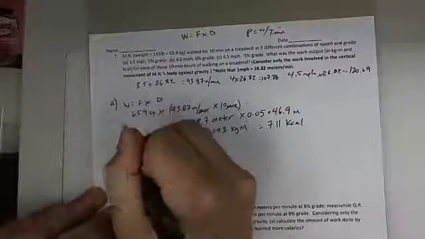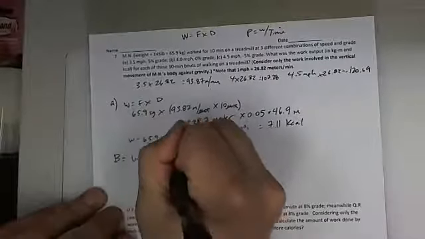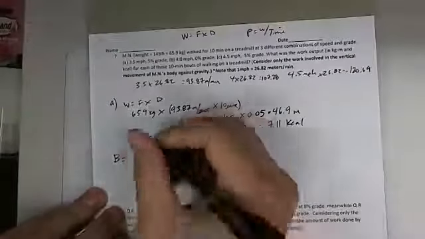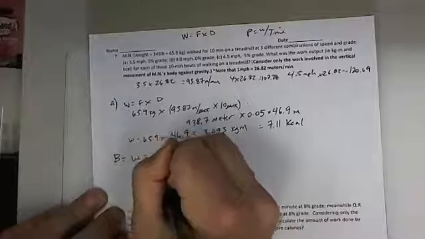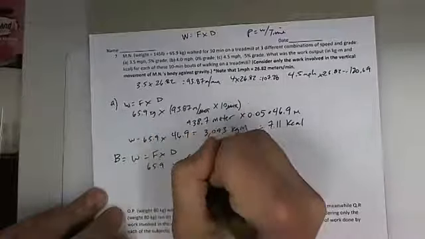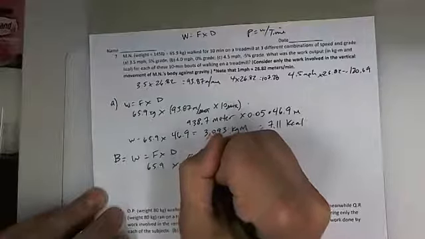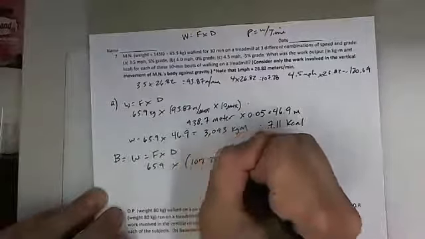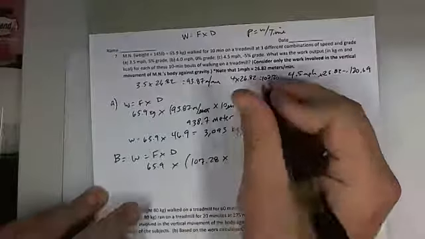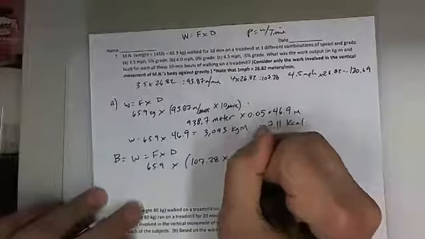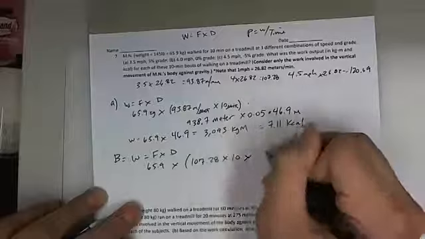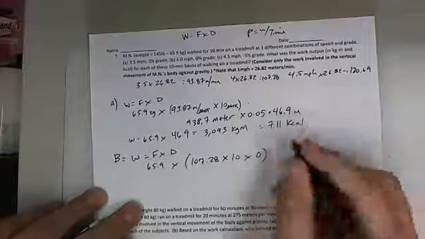In B, our work is equal to our force times our distance. We can go through this exact same calculation, 65.9 times, in this case, 107.28 times 10 minutes times our percent grade in this case, which is 0.